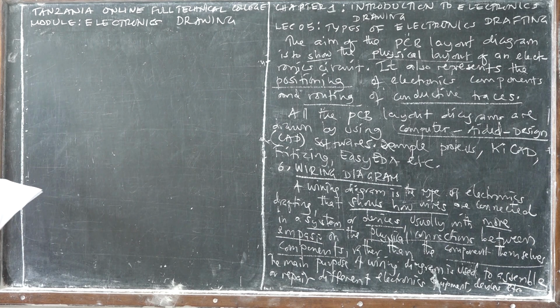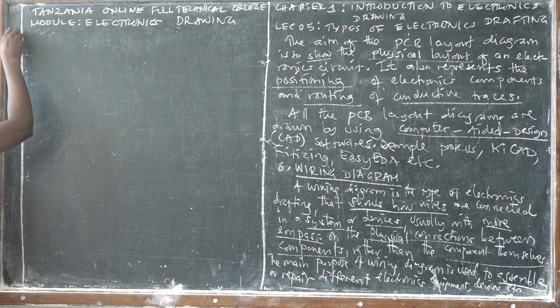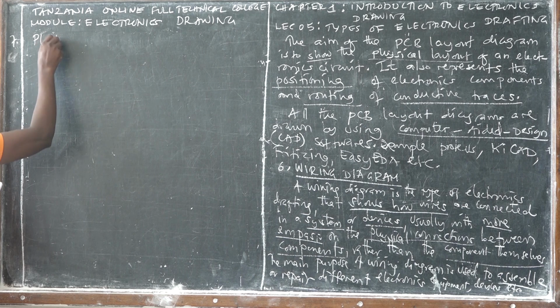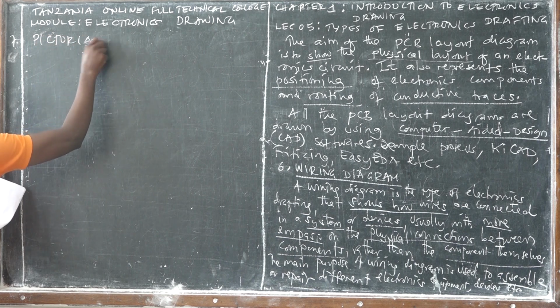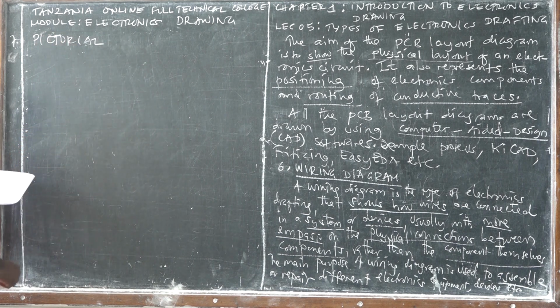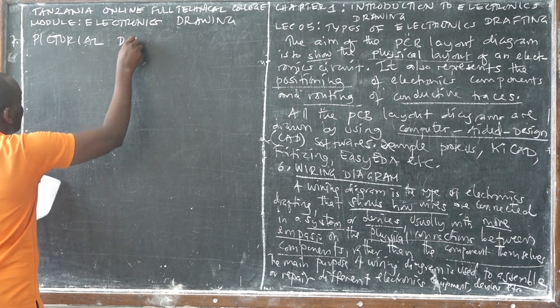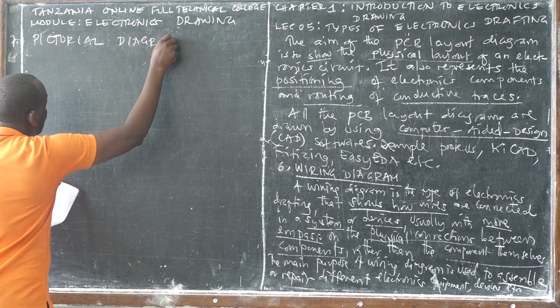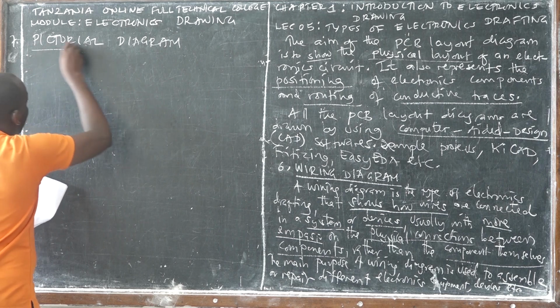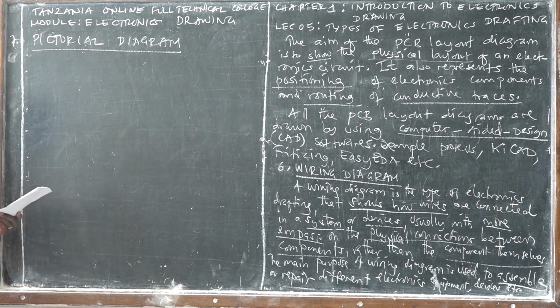Then the seventh type of electronics drawings and diagram, which is used for electronics drafting, is called the pictorial diagram. Say pictorial diagram.